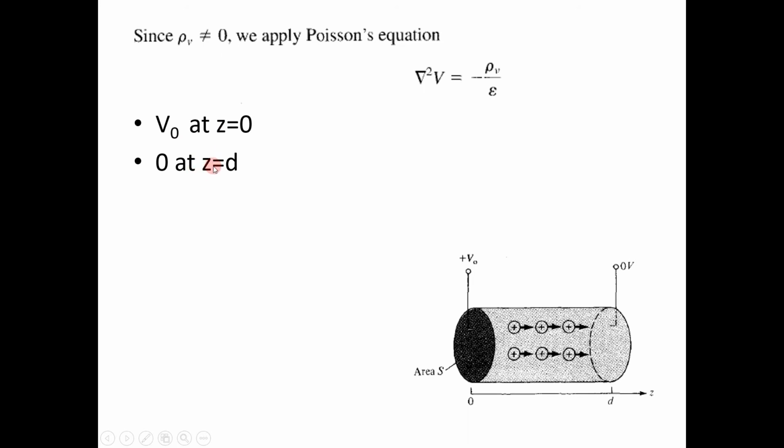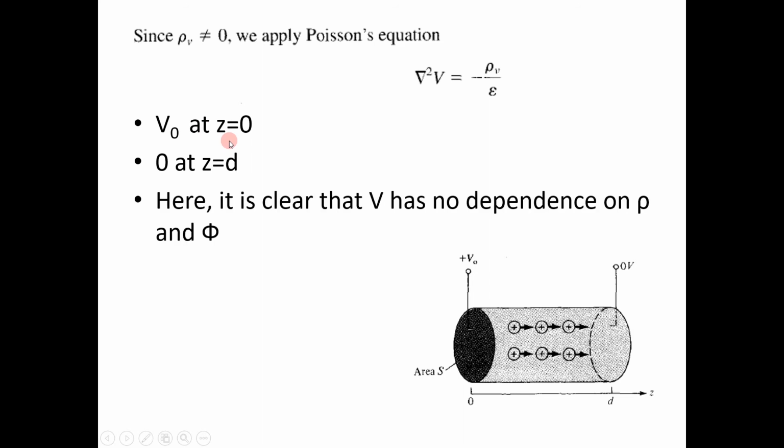It is not dependent on rho and phi variables. So you can understand that this is a single variable problem and V is dependent only on Z. V has no dependence on rho and phi. So V depends only on Z. So you can modify this del square V as dou square V by dou Z square. And dou becomes D because it is a single variable.